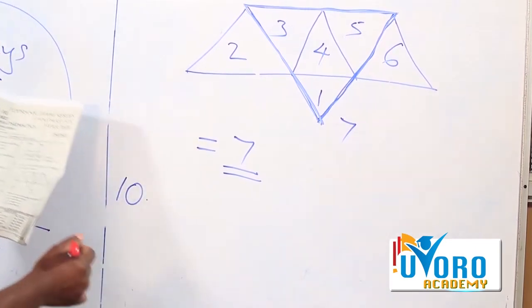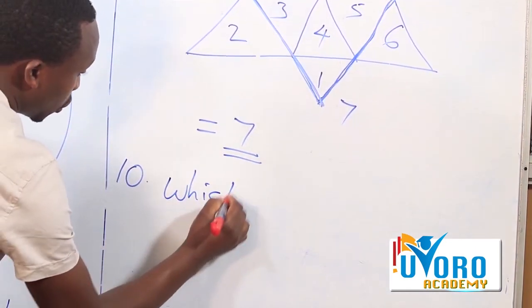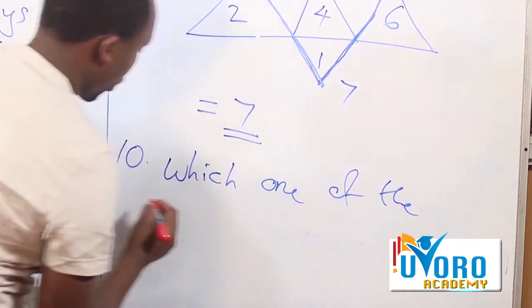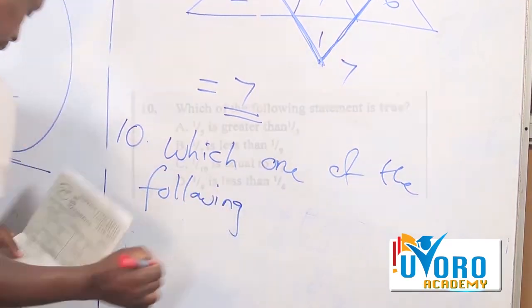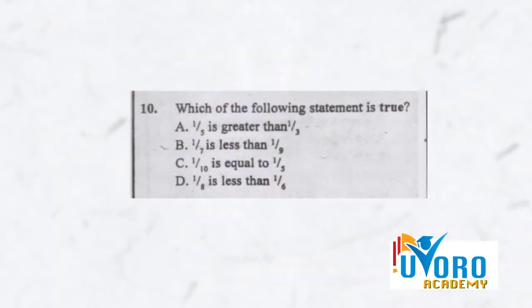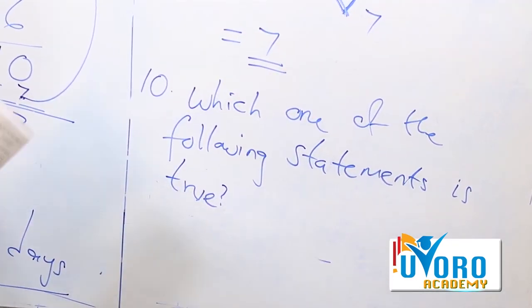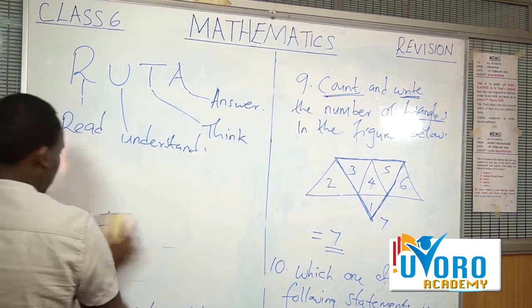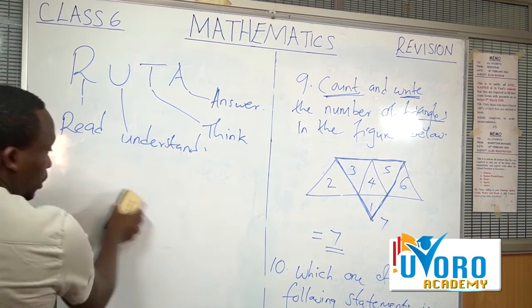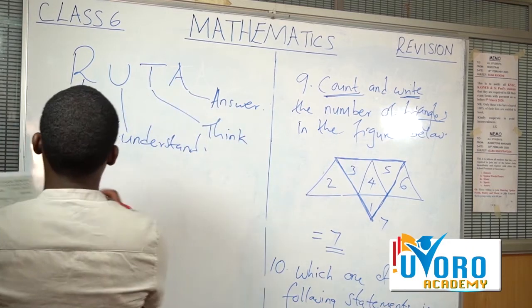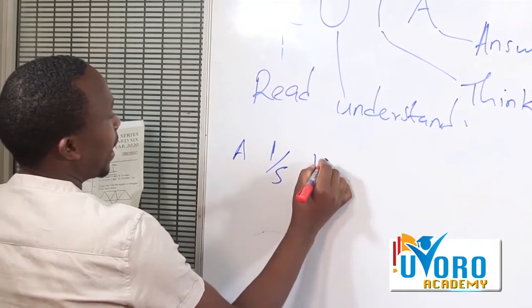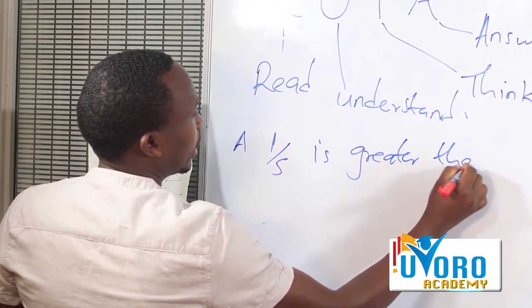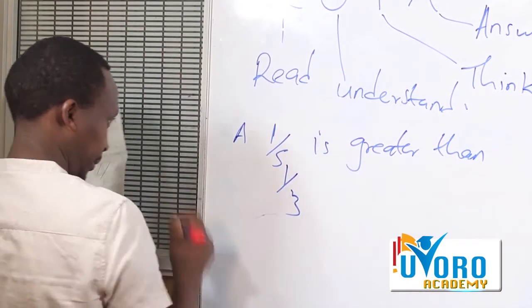Now, we go to our last question, that is number 10. Which one of the following statements is true? A, 1 over 5 is greater than 1 over 3.